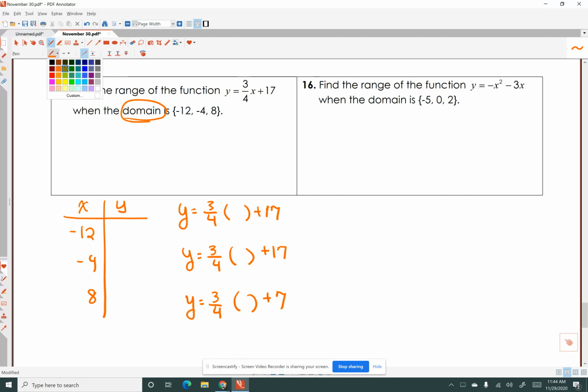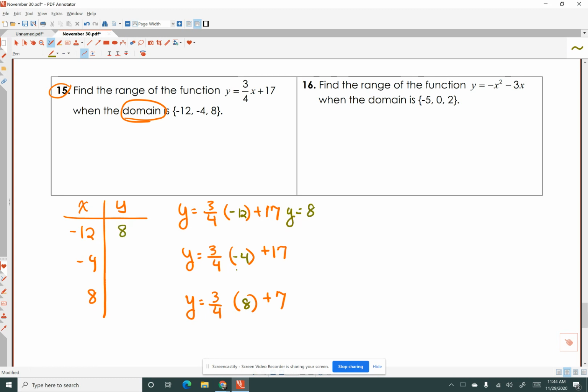And let's change our color. Okay, so we've got negative 12, negative 4, and 8. So 3/4 times negative 12 plus 17 equals 8.